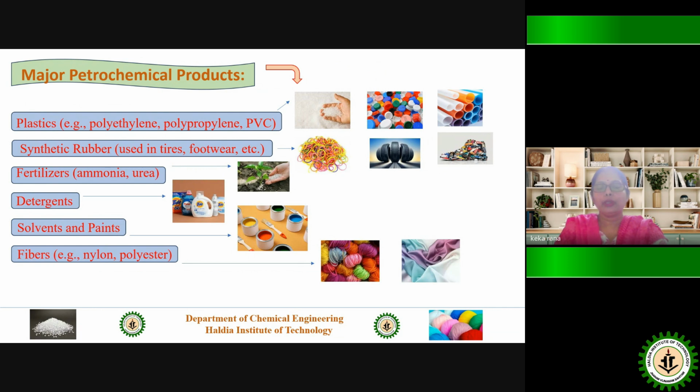Think about your sweet home, your dream car, or any instrument or equipment in your lab or industry. They are using solvents and paints, and these are all petrochemical products. Think about fiber, our daily clothes, and lots of things. They are actually prepared from nylon, polyester, etc. These are also petrochemical products.